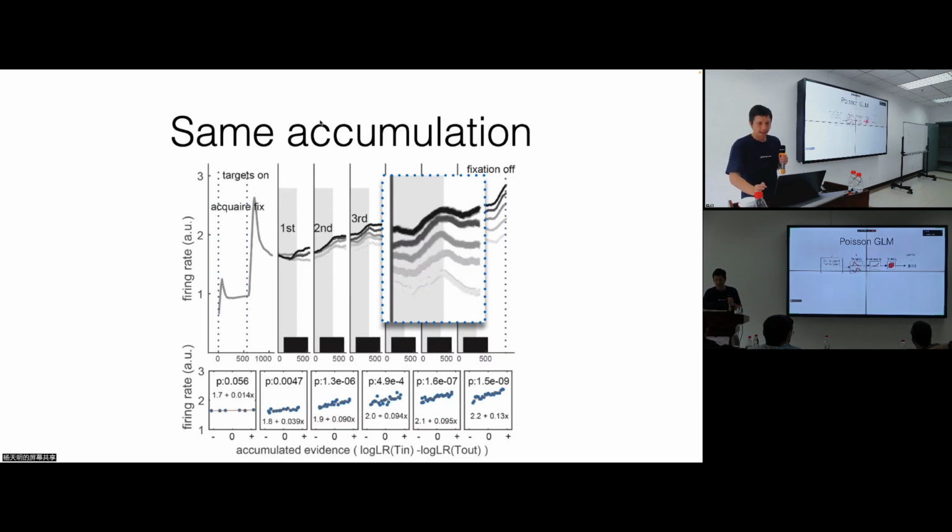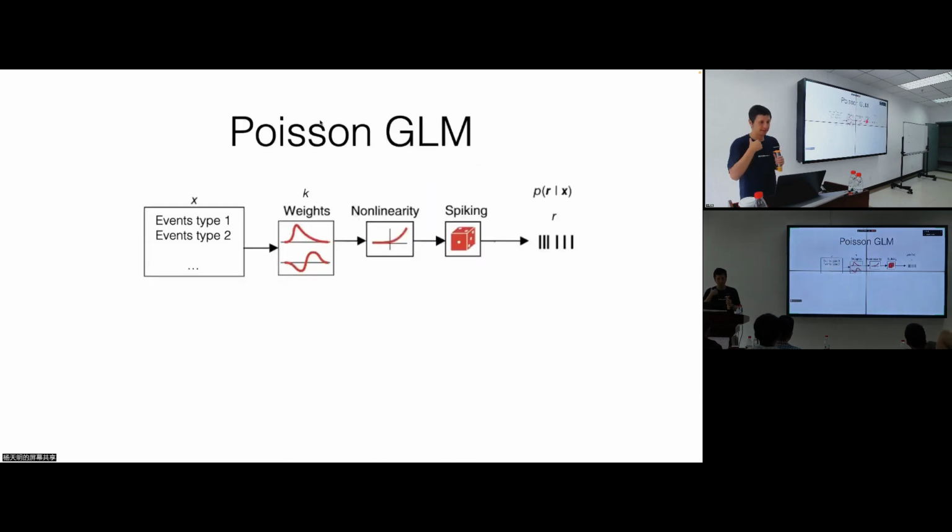And the way we do this is that we use a Poisson GLM in the process. So the idea of the Poisson GLM is that we want to decompose the neuron's response as the response for each individual event. Let's say event 1 would lead to a response like this, event 2 would lead to a response of this, then we can add them together to predict the neuron's spike sequence.